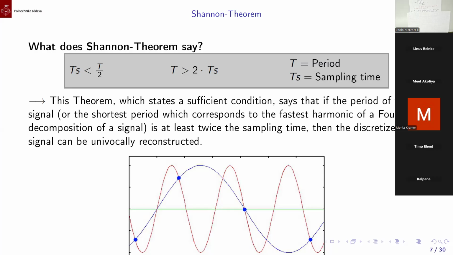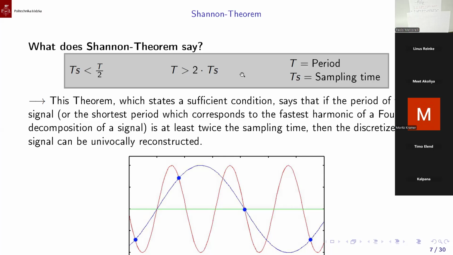This is a sufficient condition. This means it could also be violated, but in general, if it's not guaranteed, we can have this kind of problem. And it must also be respected in our approximation. This means T of our approximated function must be larger than 2 Ts.